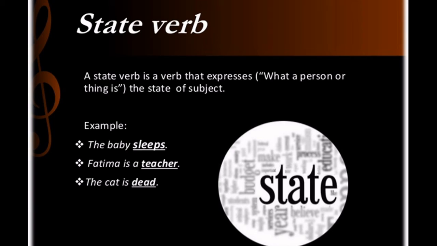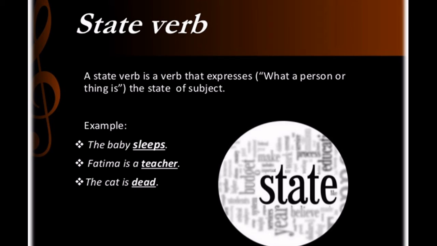Example, the baby sleeps. So when a baby sleeps, that baby is not doing any physical activity. He's just sleeping. That's his state. Or if I say, I like chocolate. Am I doing something? No, I'm not doing anything. But like is the verb.